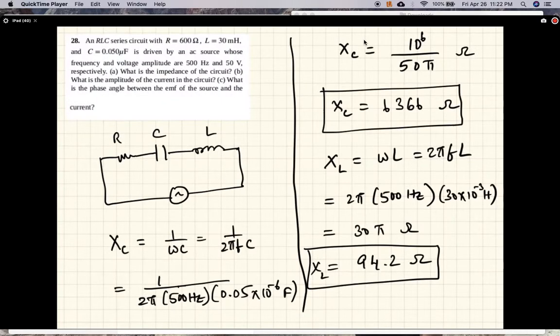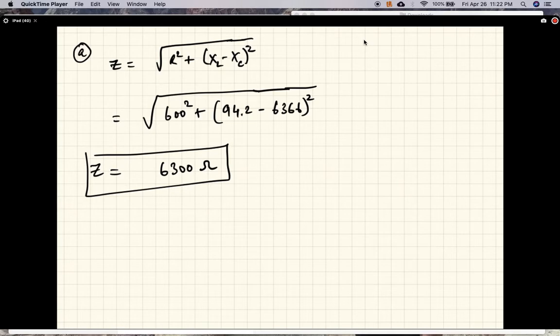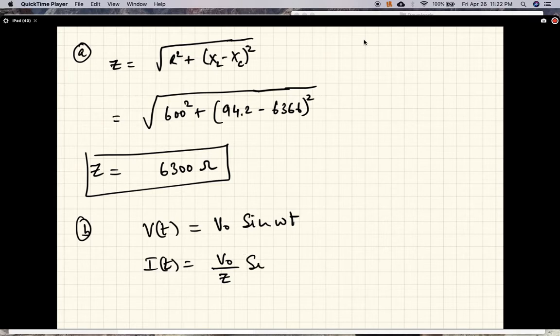Alright, so what does part B ask? What is the amplitude of the current in the circuit? And so we know that the voltage is given by V0 sine omega t, and the current is given by V0 over Z sine omega t minus phi.